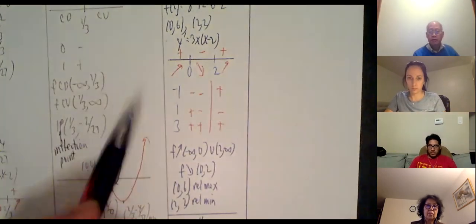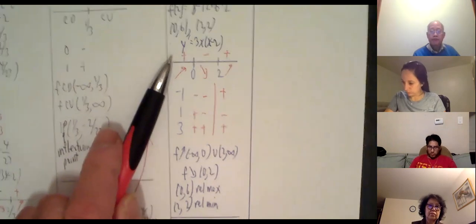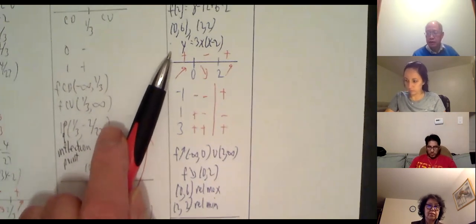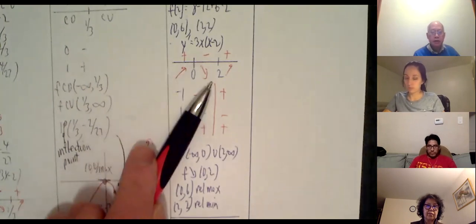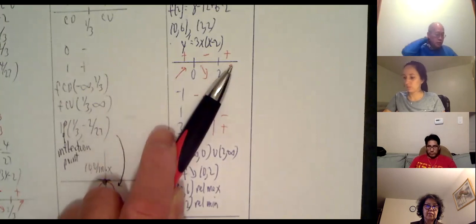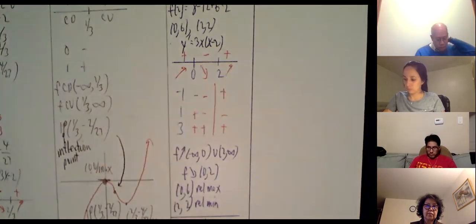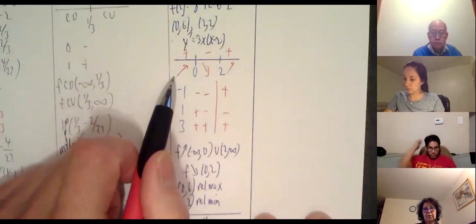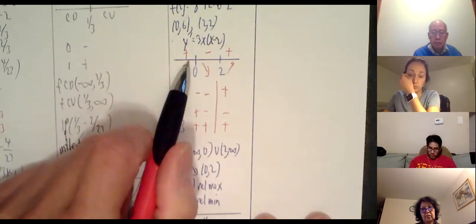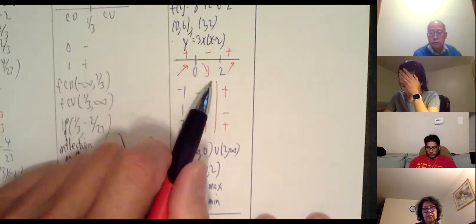From last time, before I just said derivative, now we say first derivative: positive, increasing. Negative, decreasing. Positive, increasing. So once again, if you're driving up a hill, up, then you go down.